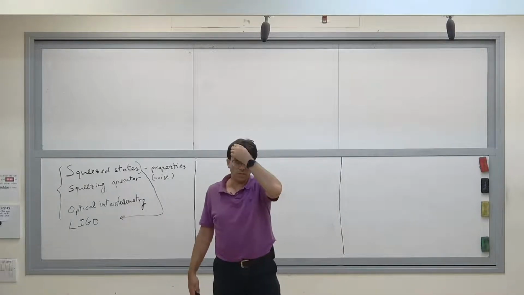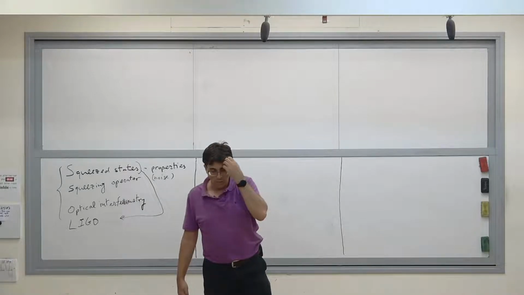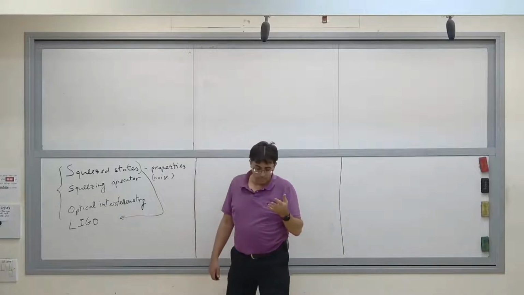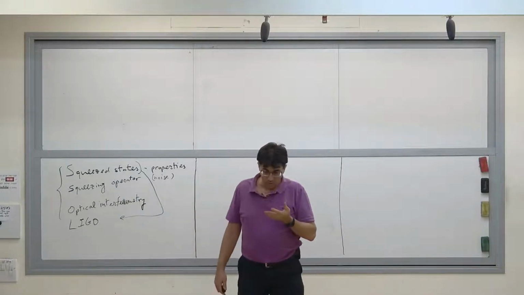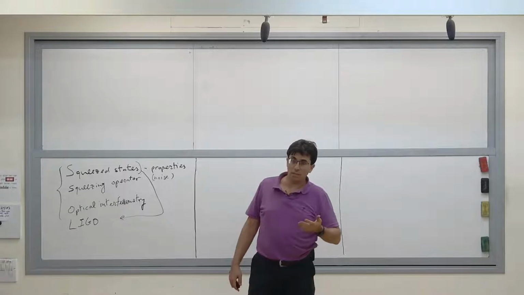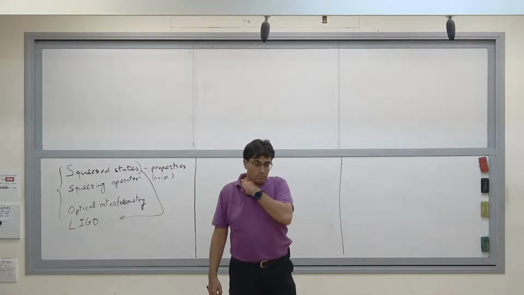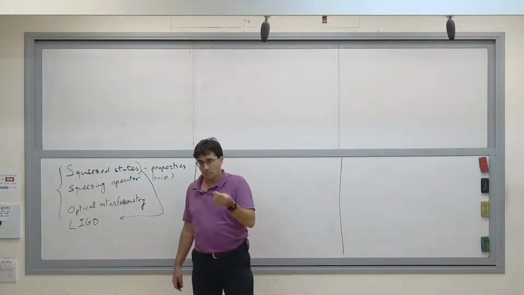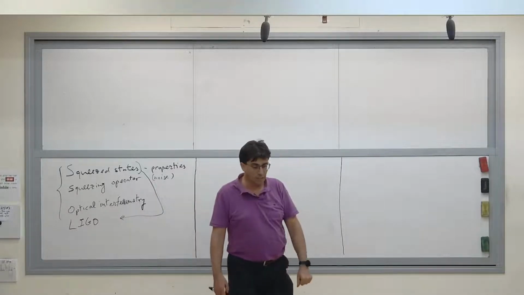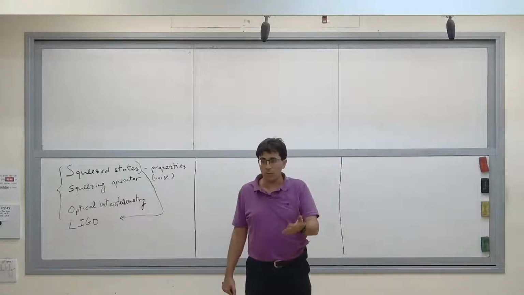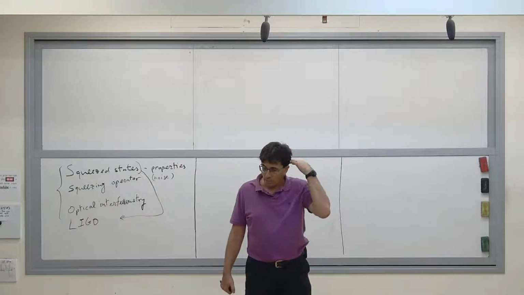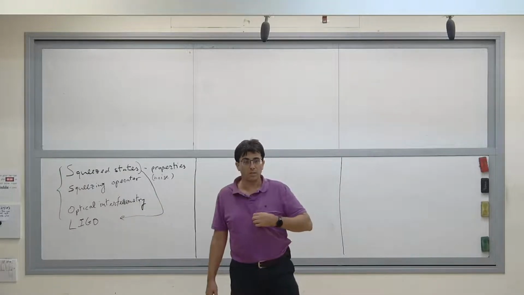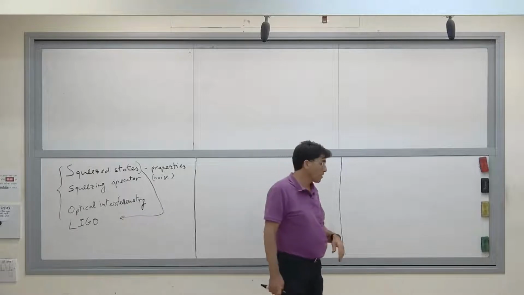So really, it should somehow be dependent on the field. I'm not teaching you how this is happening, but it does require some nonlinear response. Generally, parametric amplification has to do with something nonlinear in the medium.